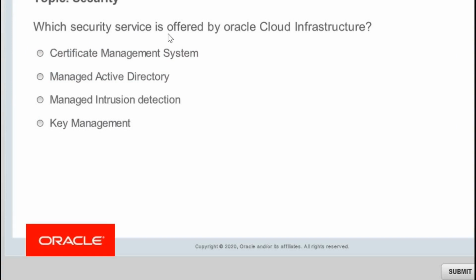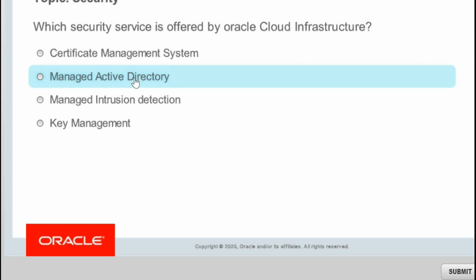Which security service is offered by Oracle Cloud Infrastructure? In Oracle Cloud, a certificate management system is not there, because Oracle Cloud cannot create or issue a certificate to a customer. You need to go to an authorized certificate authority to get a certificate. This is also another service offered by OCI.